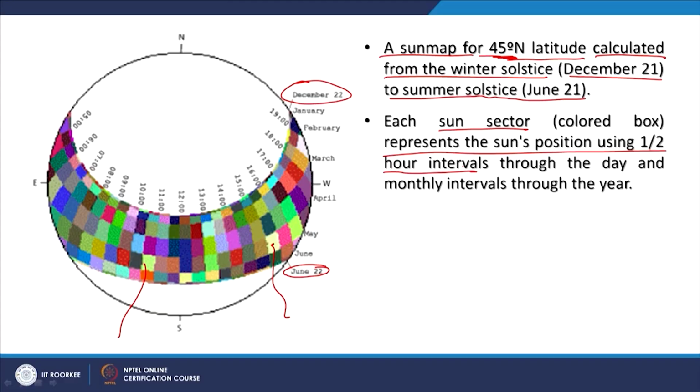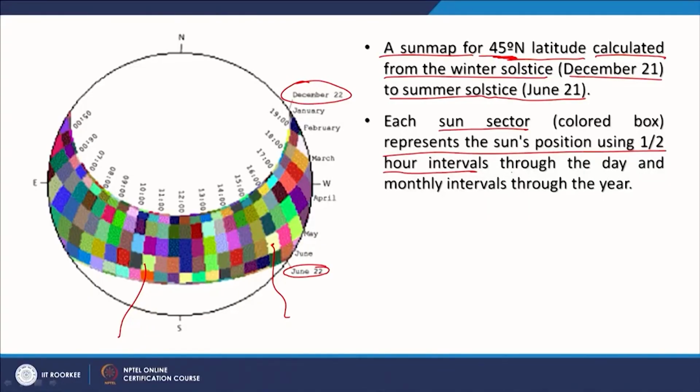Because if we go for less than half an hour, then you will have rectangles or squares of smaller size. And so, the sun's position is shown using half-hour intervals through the day and monthly intervals through the year.